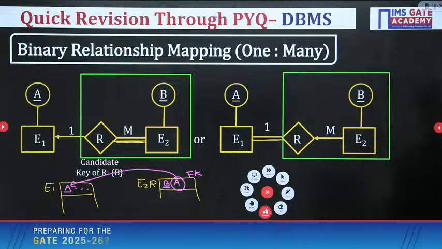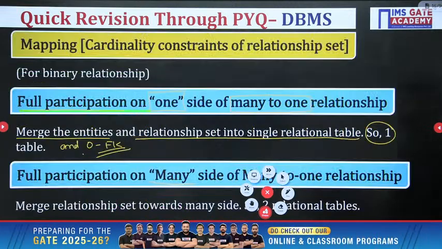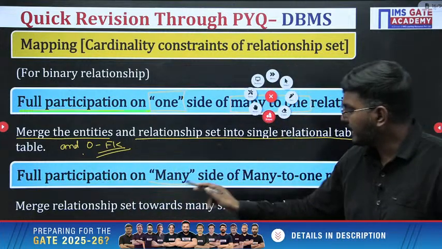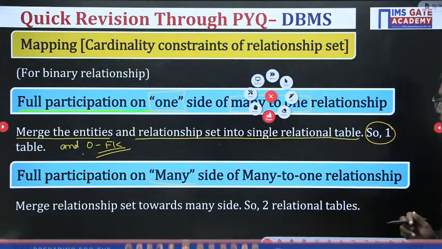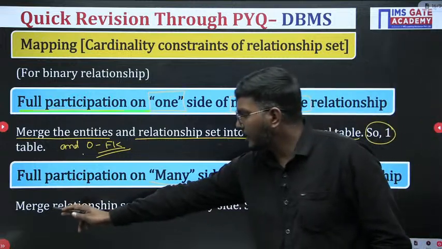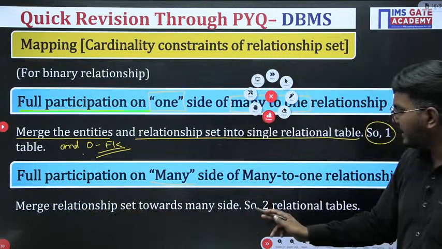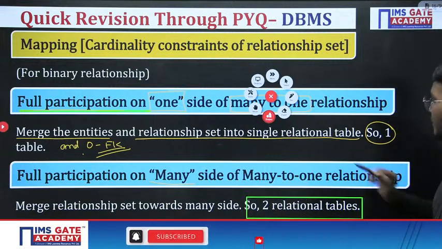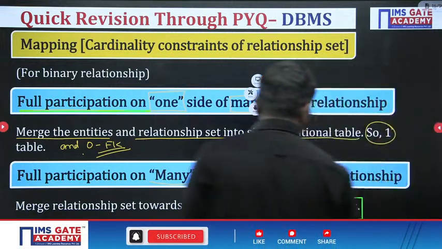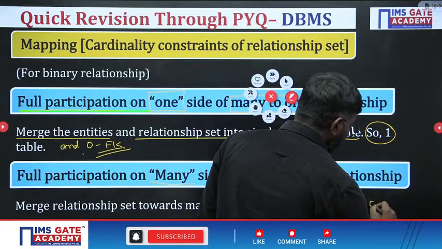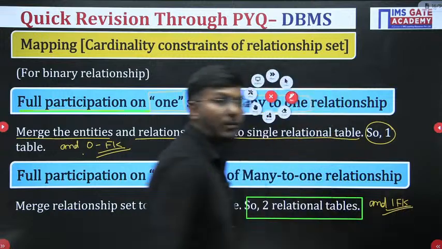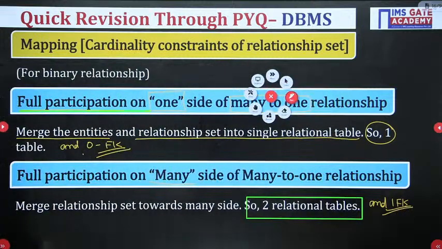Now see here. Full participation on the many side of many to one relationship sets means we merge the relationship sets towards the many side. So finally we'll be having two relational tables and one foreign key. Understood? Fine.